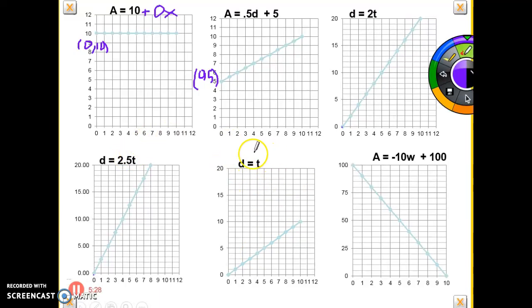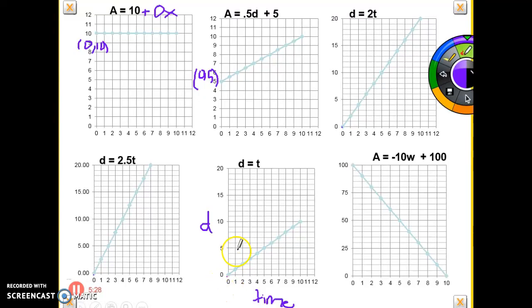This equation looks a little interesting: d equals t. And you probably can think that d is the distance and t is the time. Well, we know that time is the independent variable, so it would be on the x-axis. And d is the distance, so that would be on the y-axis. If you look at this, we know that it's plus 0, so the y-intercept is 0, 0, and that's easy to see.